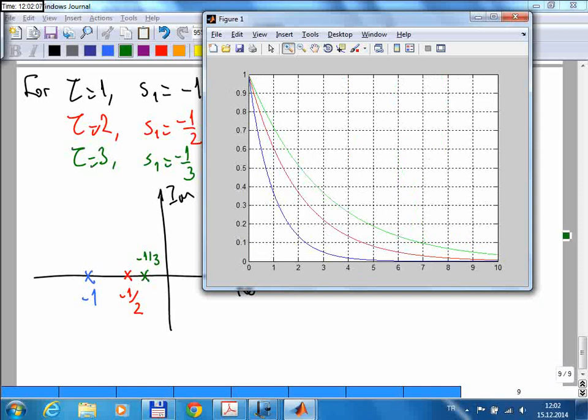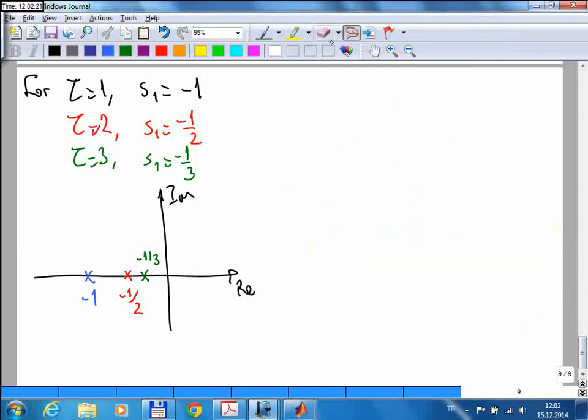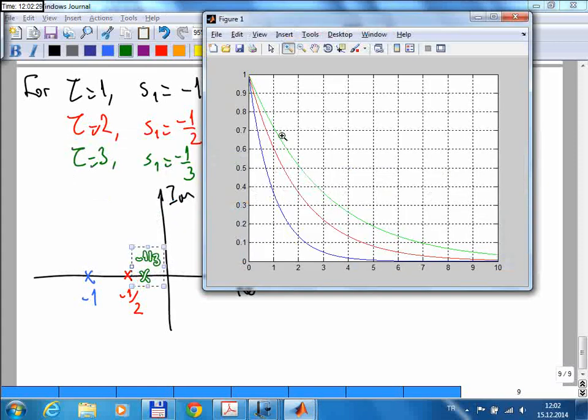So this is the situation. So we see that the time constant gives us how fast the system responds to the initial condition. And here we see that if the pole of the system is close to the imaginary axis, that gives a slow response.